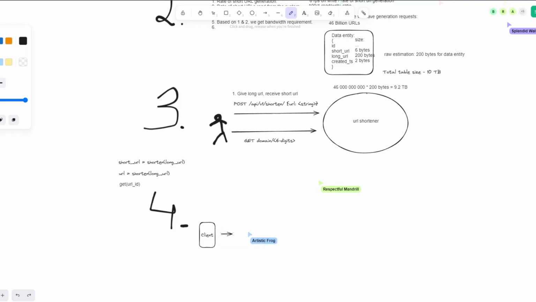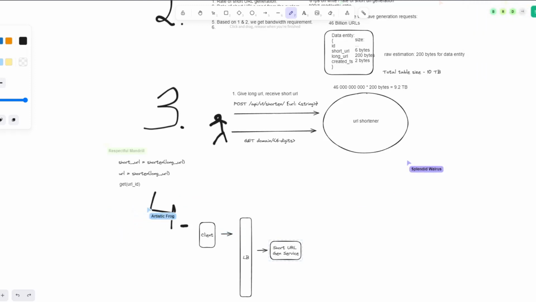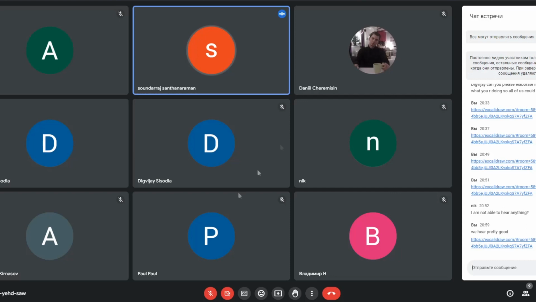Okay, so let's say a client comes to our website and is trying to shorten a URL. So first we are going through the creation flow, and then we will go through the data flow. Wonderful.